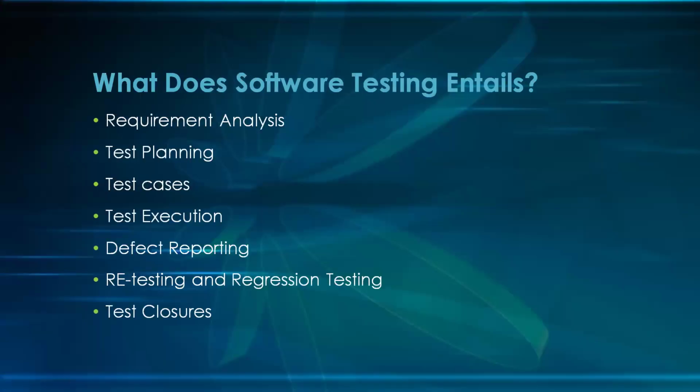So what does software testing entail? I've listed, among others, requirements analysis, test planning, test cases, test execution, defect reporting, retesting, regression testing, and test closure. So I'm just going to touch on them quickly. Requirements analysis is the act of understanding the goal of the software.